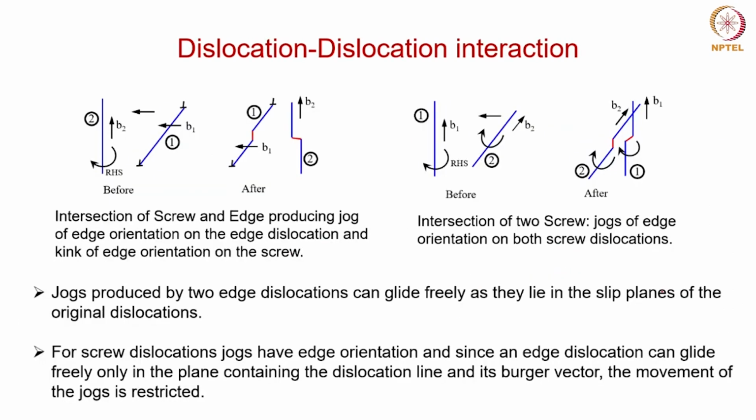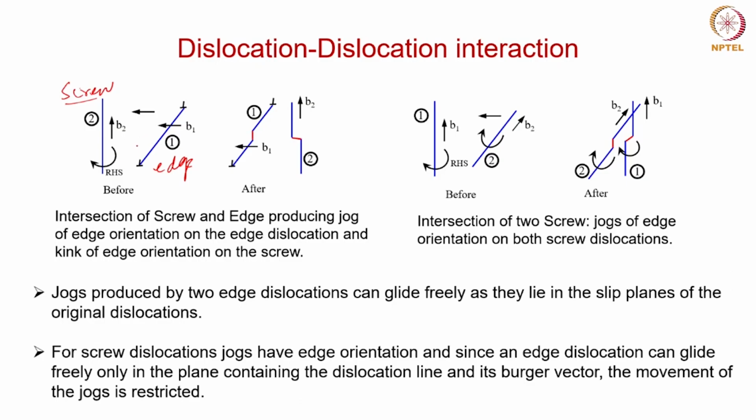Now consider the interaction between a screw and an edge dislocation, okay. So here dislocation 1 is an edge dislocation and dislocation 2 is the right-handed screw dislocation, okay.